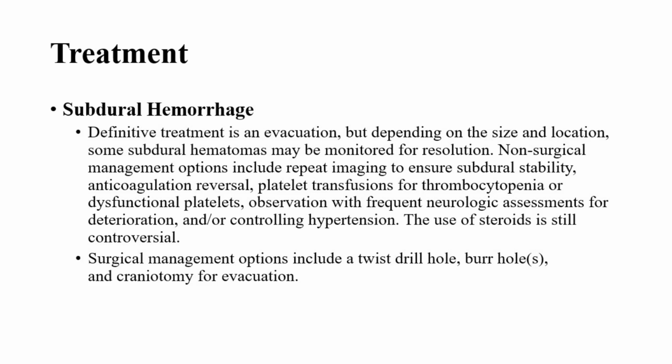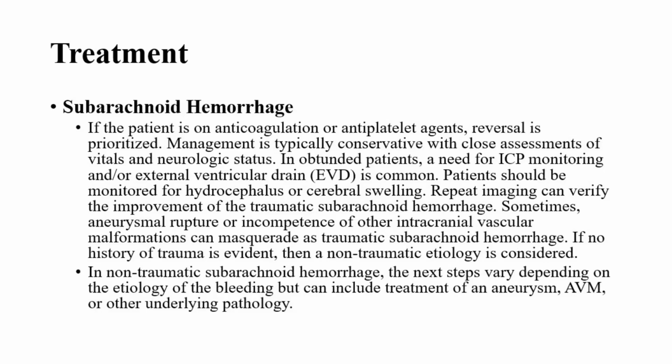For subarachnoid hemorrhage, if the patient is on anticoagulation or antiplatelet agents, reversal is prioritized. Management is typically conservative with close assessments of vitals and neurologic status. In obtunded patients, a need for ICP monitoring and external ventricular drain is common.